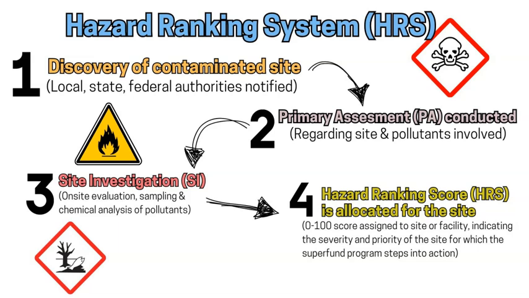And then once the site has been confirmed to be polluted and deemed necessary to provide further information on the pollutants, the concentration, and the level of general pollution and health of the site, then you get that site investigation or SI, which would be comprehensive in terms of the chemical analysis, the pollutants, and the sampling of soil, water, and any kind of leaching or extent of pollution around the site or facility. And then finally, once that happens and the 4 criteria are analyzed, the score is provided, and this is the hazard ranking score, which goes from 0 to 100.